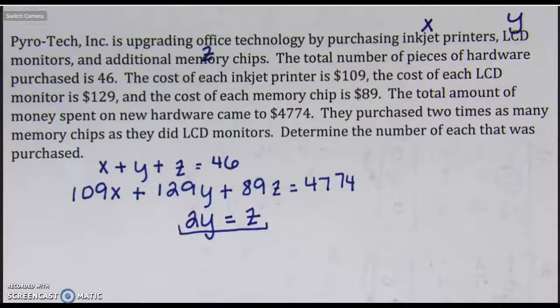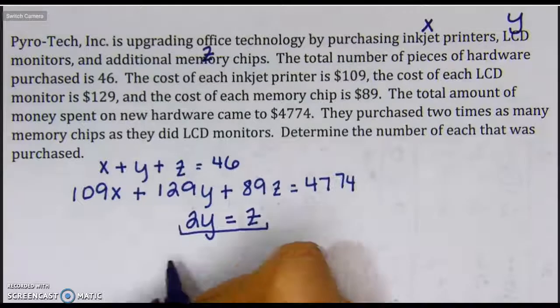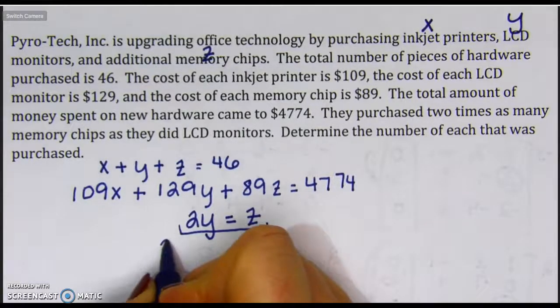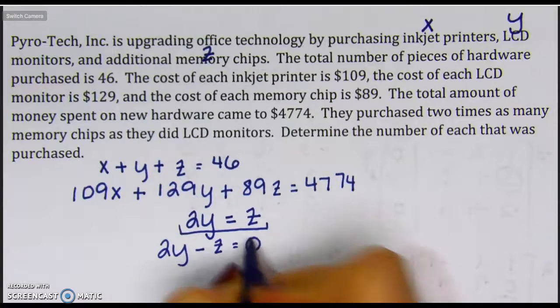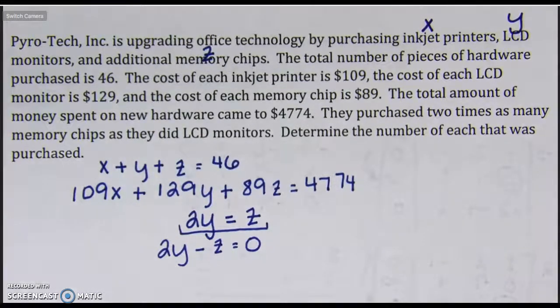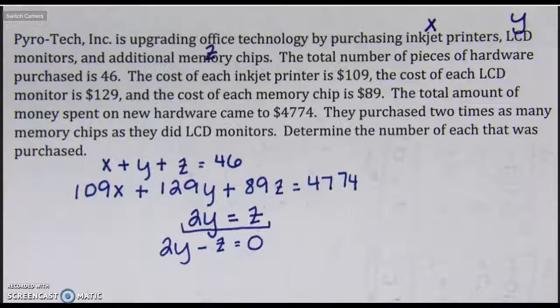So I'm going to have instead 2y minus z equal to 0. Now let's create our augmented matrix.